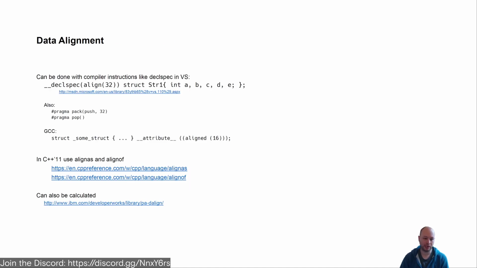So to ensure data alignment, what tools do we have in our pocket? Well, you can actually explicitly do this. You can use declspec align 32. Also, Microsoft Visual Studio has the pragma push and pack thing, which is pretty effective.